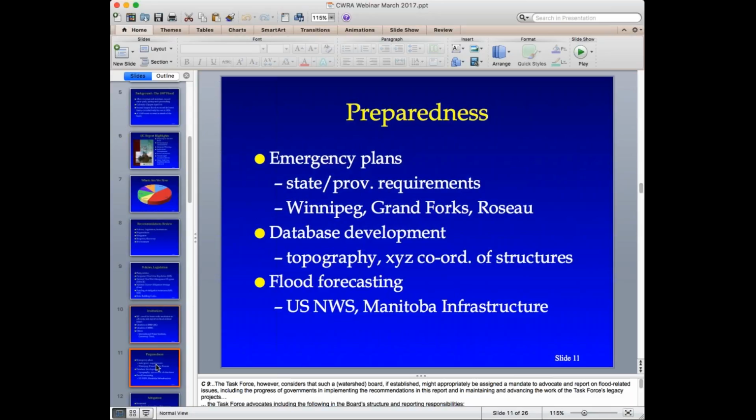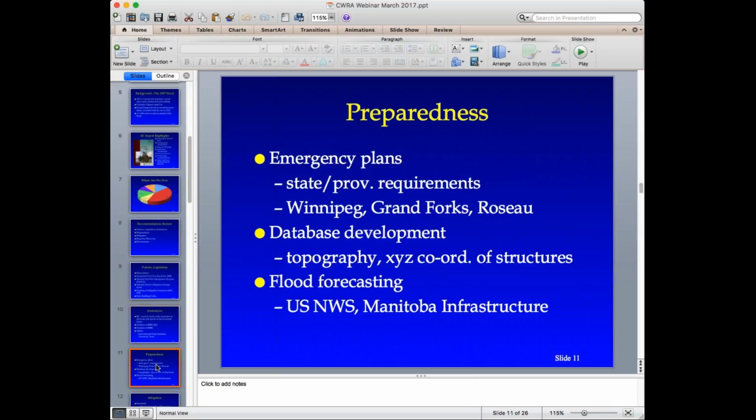In terms of preparedness, there was a lot of development and enhanced development of emergency action plans on both sides of the border. The state and provincial requirements were vastly improved, and Winnipeg and Grand Forks, and I mentioned Roseau, Minnesota, are communities that really put a huge amount of effort into making an emergency plan that was meaningful and would work during all conditions.